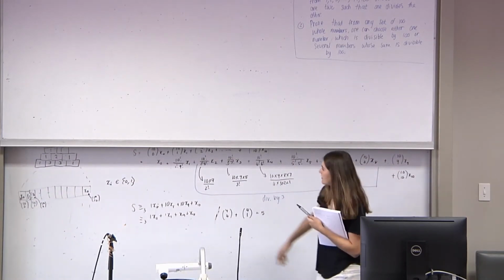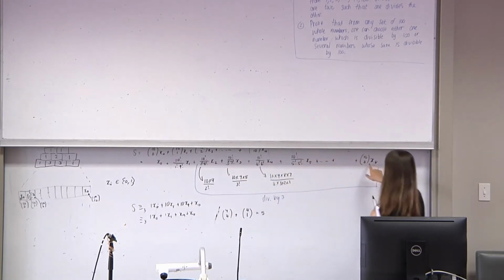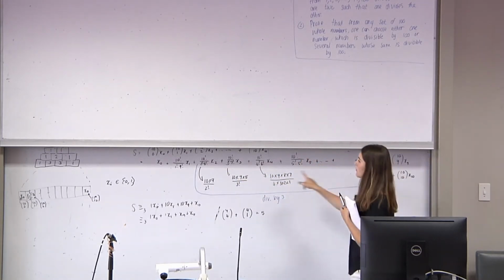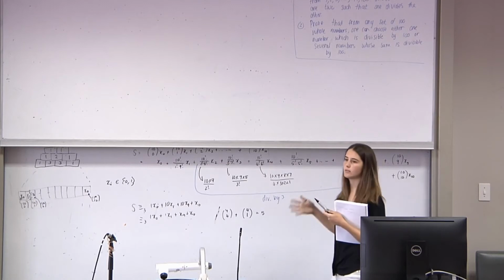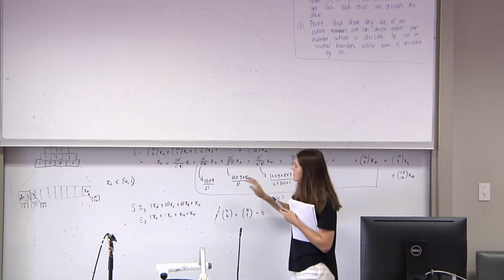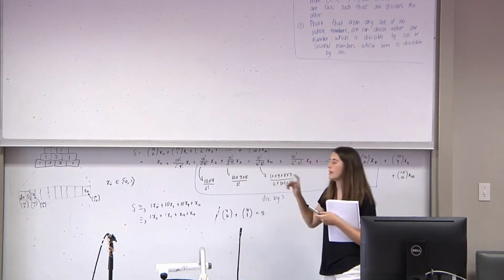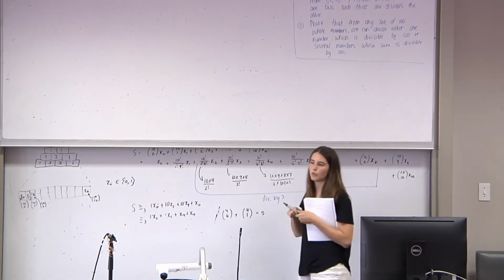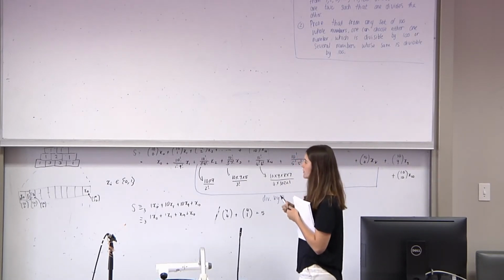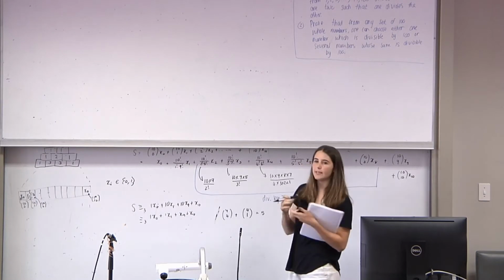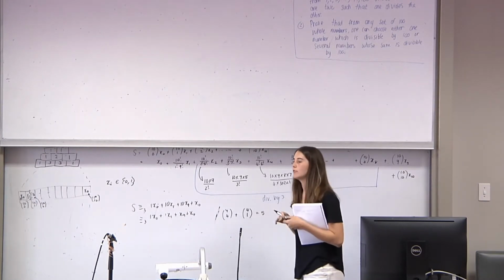And if you go back, we still have our x2 to x8. But the point is that the values of x2, x3, x4 until x8 do not influence whether S is congruent to 0 mod 3. So it means they can basically be either 0 or 1, it won't influence it.